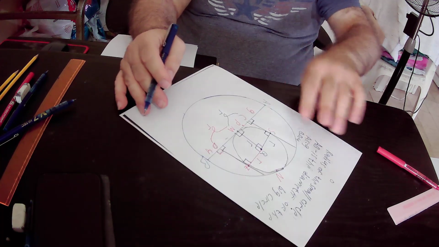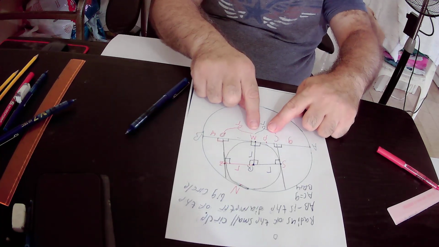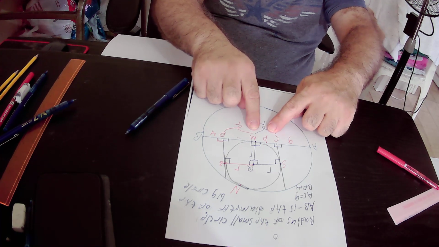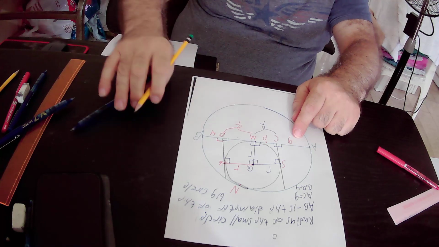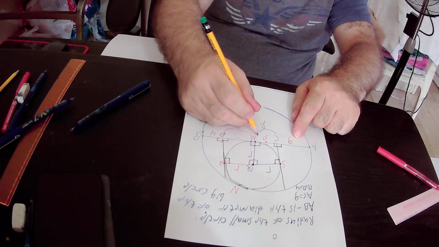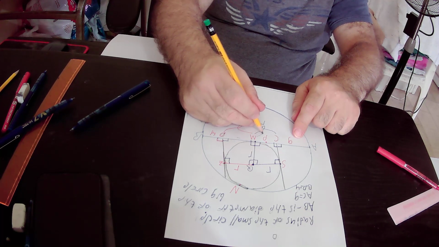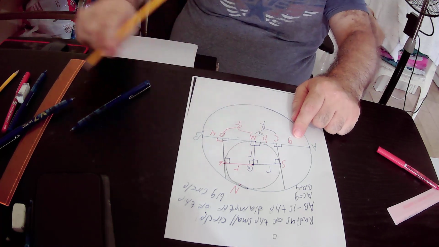In the next step, we will define line segment PM as X. Okay, I write it down.